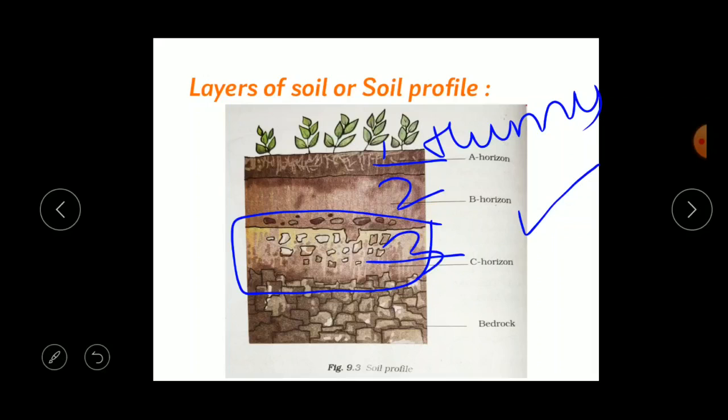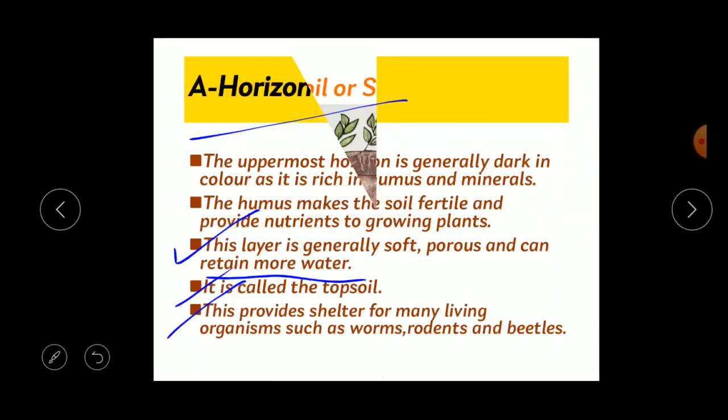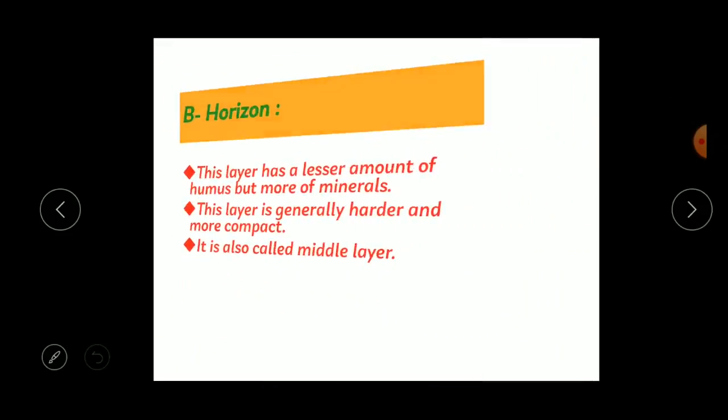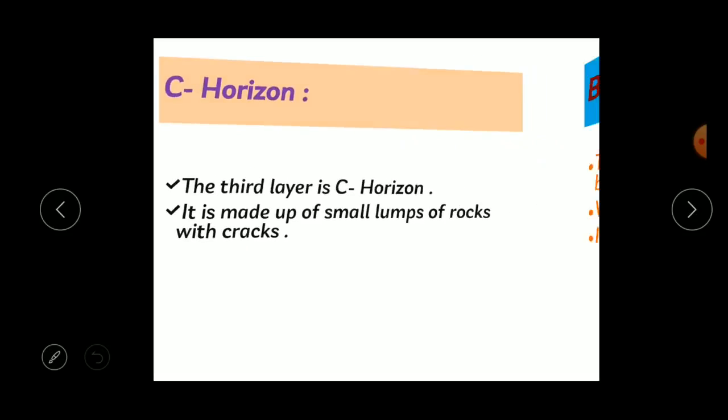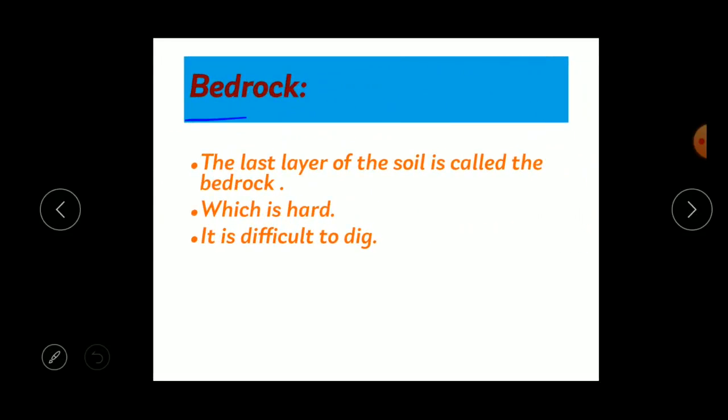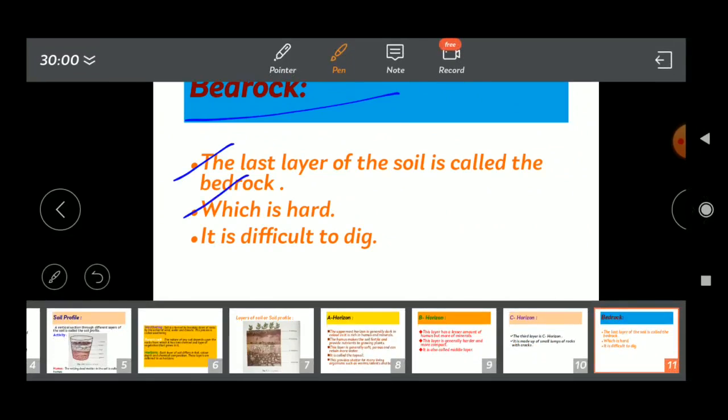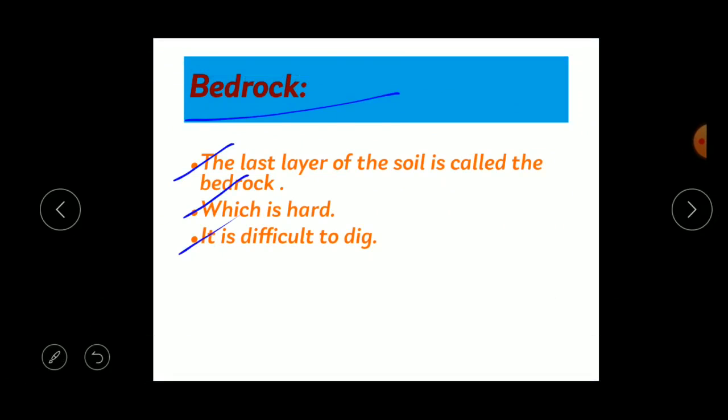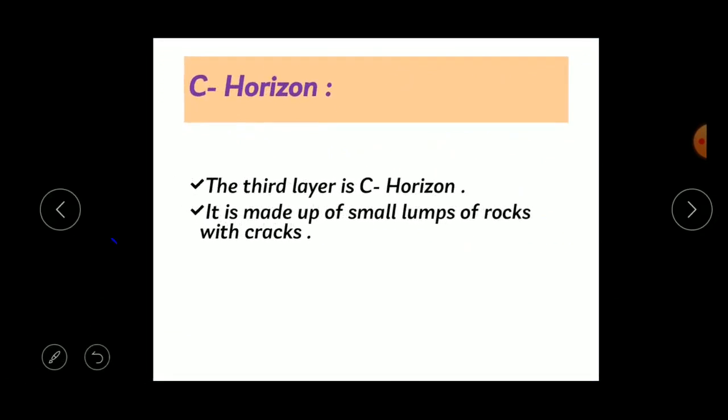Now let's move to the next horizon, that is bedrock. This bedrock, the last layer of the soil, is hard and difficult to dig.